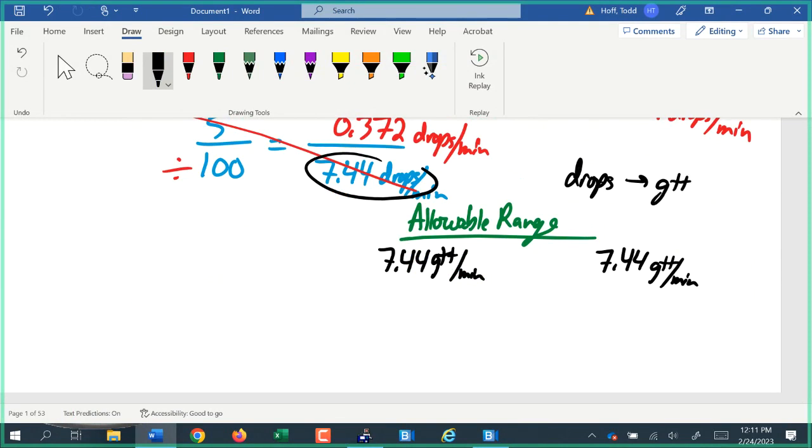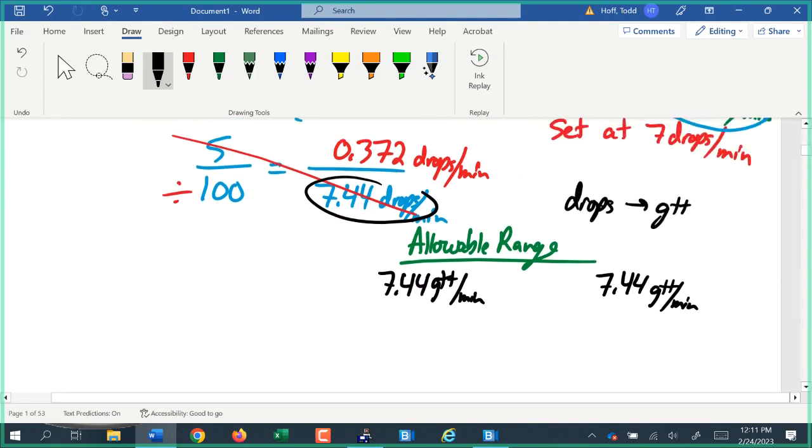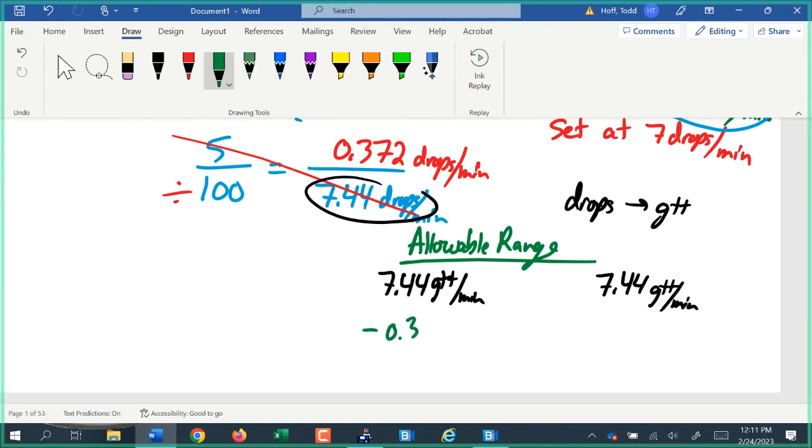I don't want to get used to putting DR in there because DR is dram. So anyway, 7.44 drops per minute minus the allowance of 0.372 drops per minute to 7.44 plus the 0.372 drops per minute.